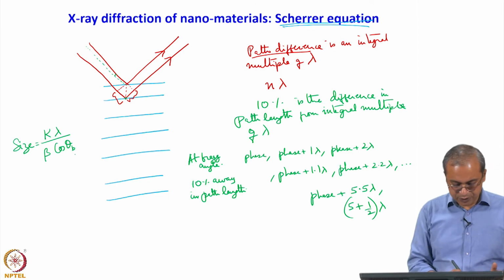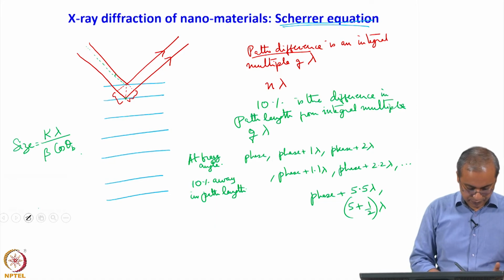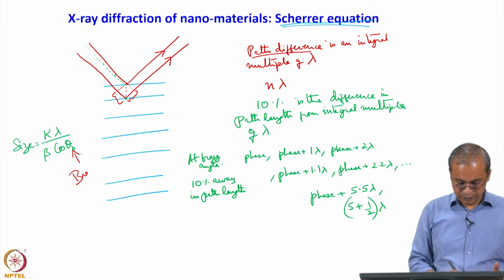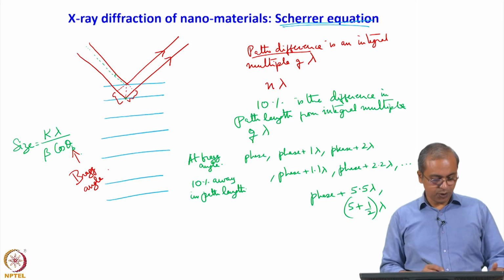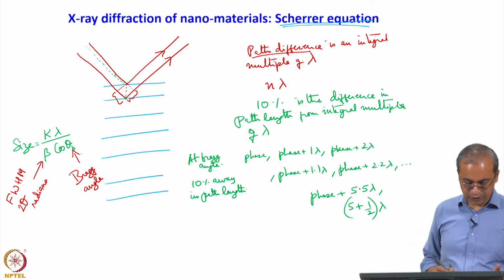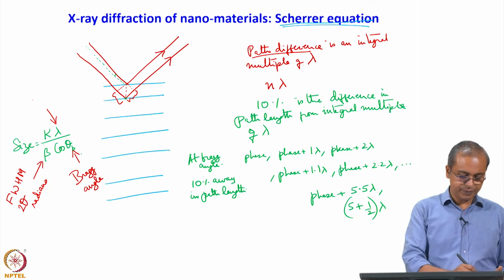So this theta B is your Bragg angle, the same Bragg angle that we talk about. Beta is the full width at half maximum in 2 theta radians. So you have to put the correct units: you have to put it in 2 theta and in radians, and lambda is the wavelength.